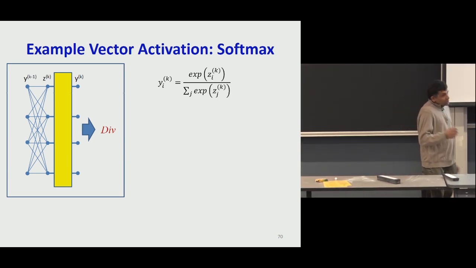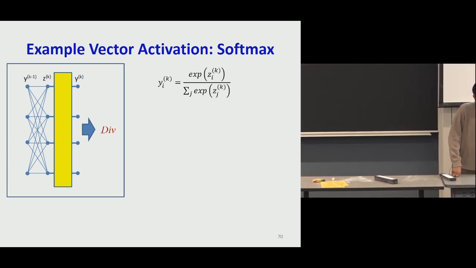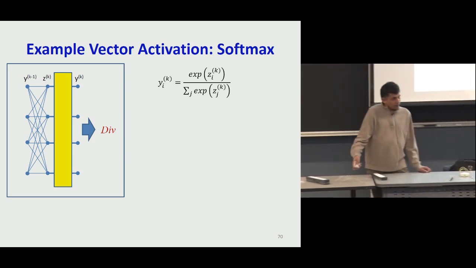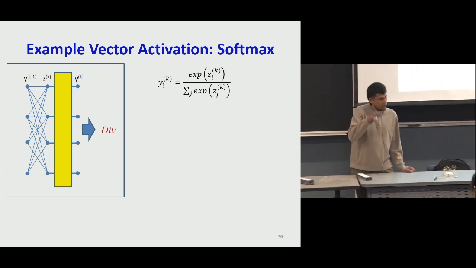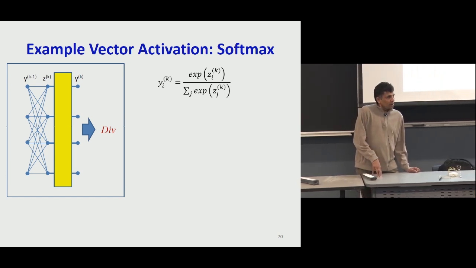So let's say I increase z1. What happens? The corresponding output exponent of z1 increases, but then I'm normalizing it by the sum of all of the exponents. The other y's will decrease, right?